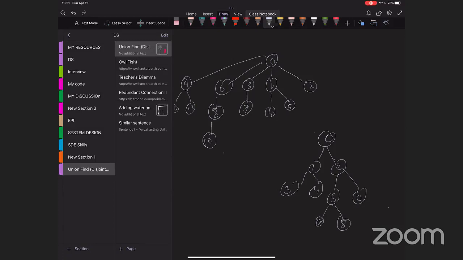Anything that I touch in the path of 8, so 5, 2, and 8, and here 0, I'm going to make parents. So basically 8 comes from here and comes here. 5 and 7 come here as a child and come from here and here.